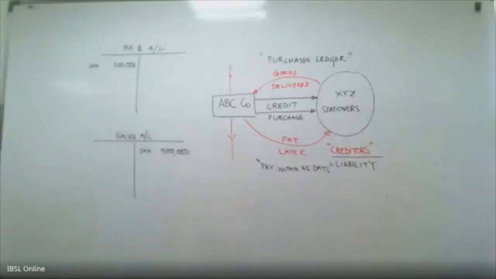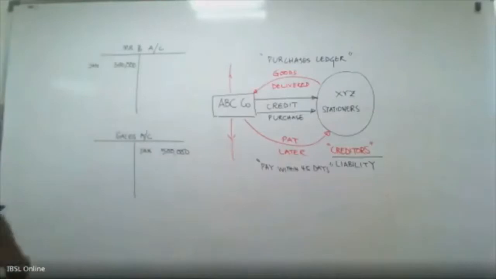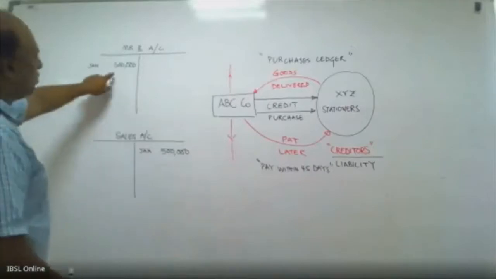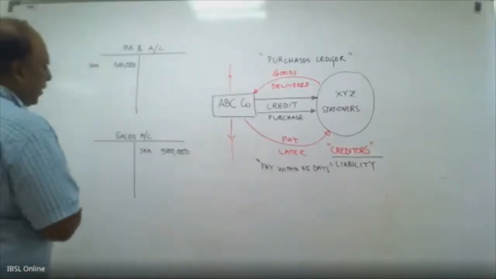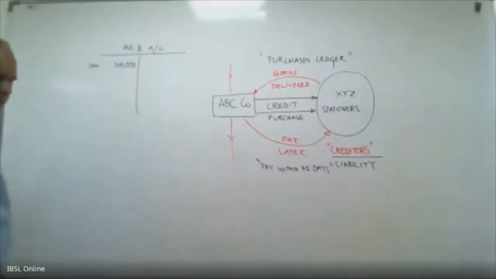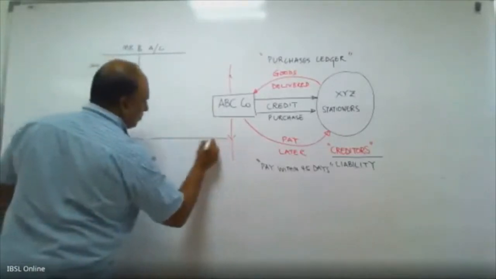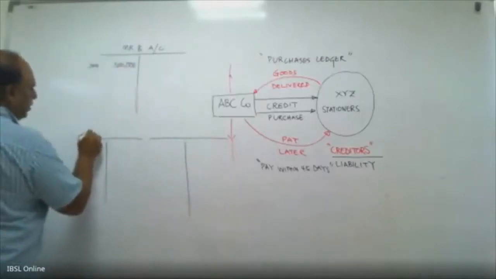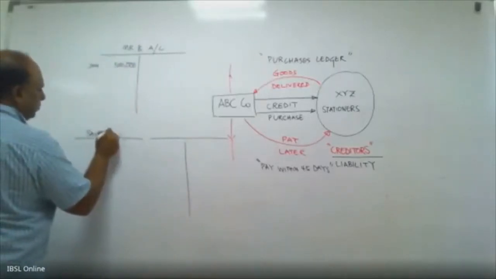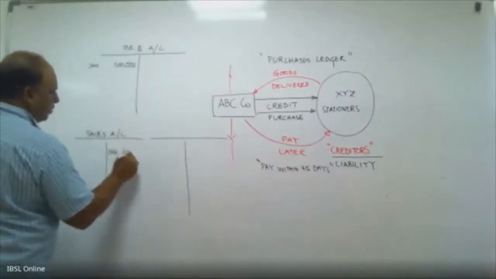What was the second transaction that took place? The customer came and returned 150,000. So I had to reverse 150,000 from the customer's account because now he is not supposed to pay me 500,000. So what did I do? Sales account, January, 500,000.